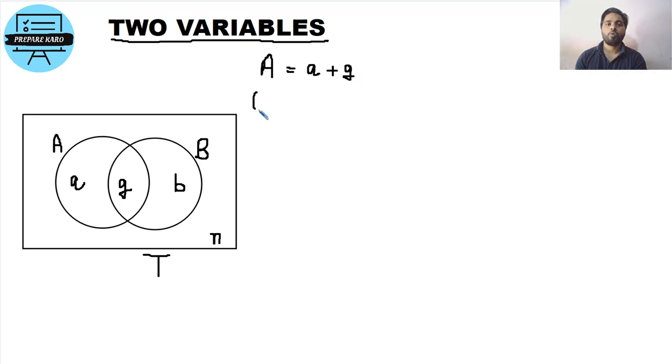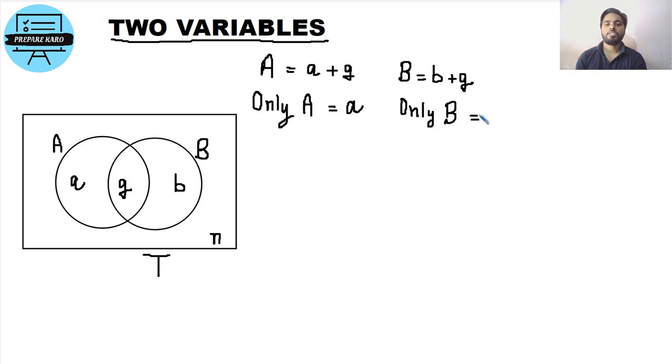But if I ask you only capital A, we have to exclude g, so only capital A is small a. Same way, capital B is small b plus g, but only capital B means small b.